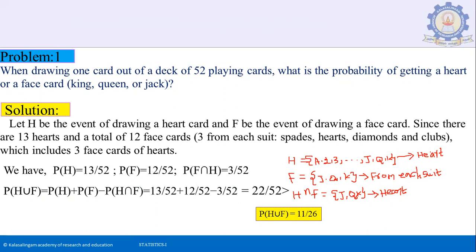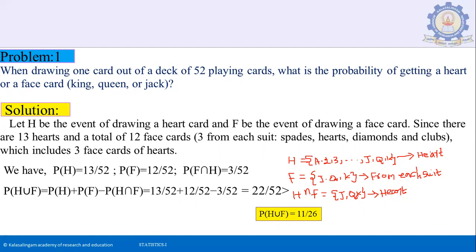We have probability of H, selecting a heart card, that is 13 by 52. Probability of face card, 12 by 52. Probability of face as well as heart, it is 3 by 52.